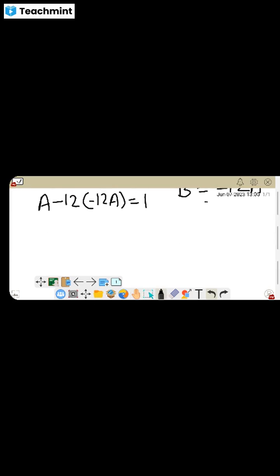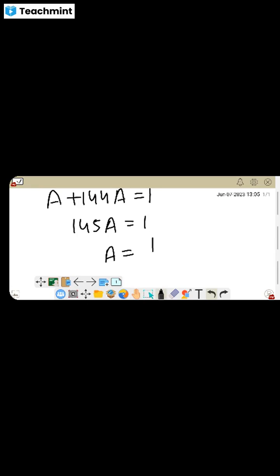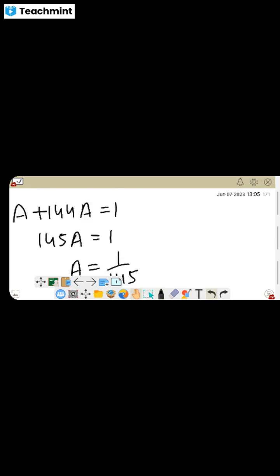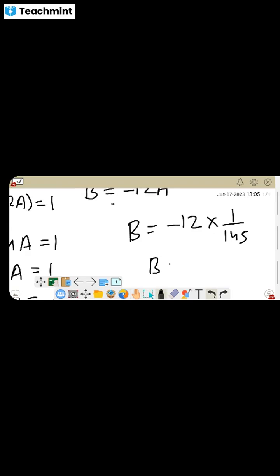So here we have a plus 144a is equal to 1, and 145a is equal to 1, and a is 1 upon 145. Now put the value of a in this equation. So we have minus 12 and value of 1 upon 145, and so b is equal to minus 12 over 145.